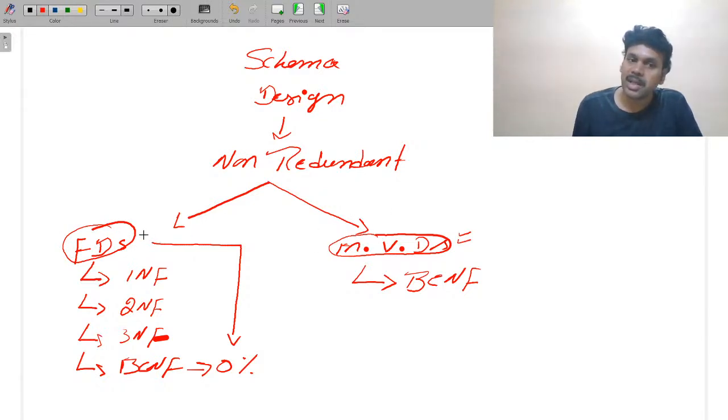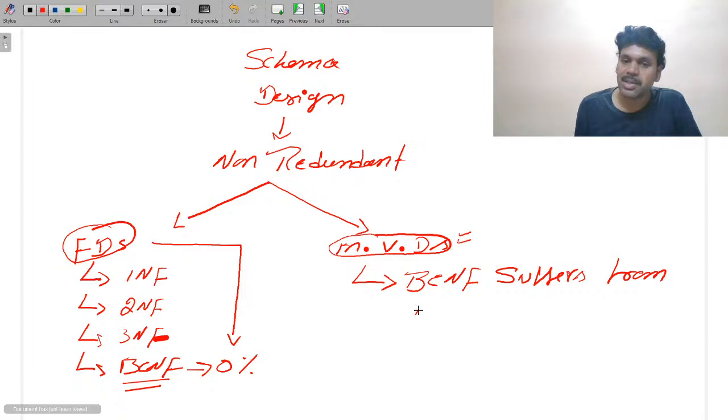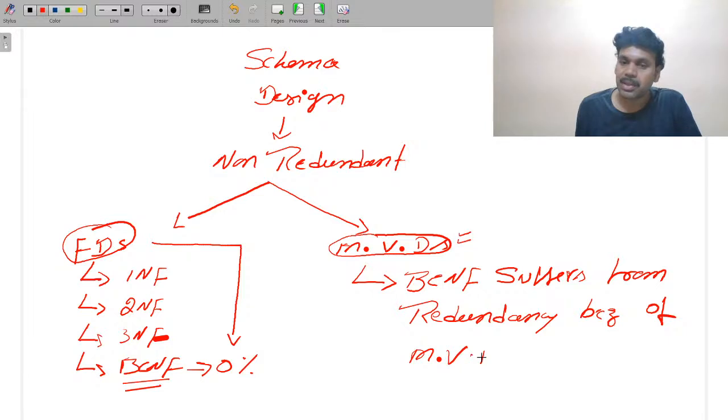Whatever is generated from FDs can be controlled in BCNF, but the redundancy from multi-value dependency cannot be controlled there. So what I mean to say here is BCNF suffers from redundancy because of multi-value dependencies, because of MVDs.